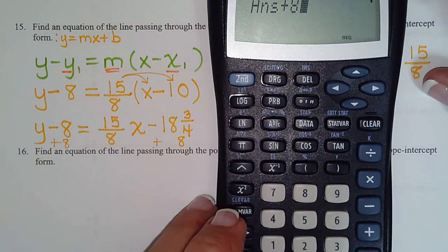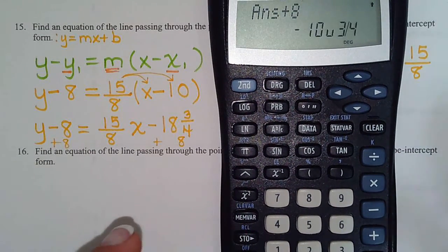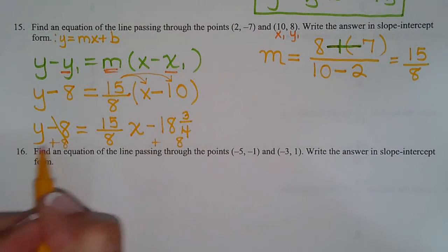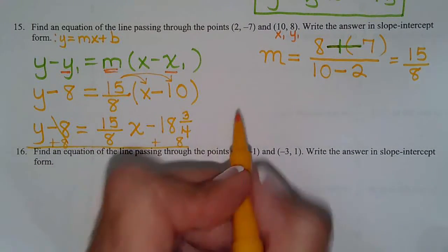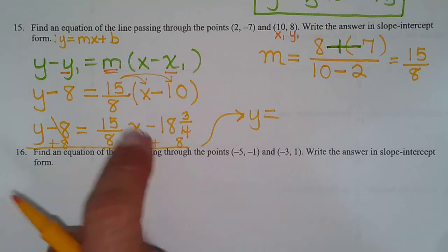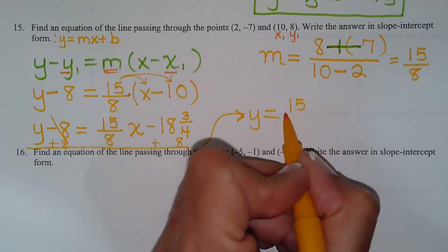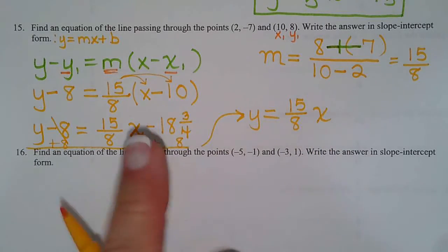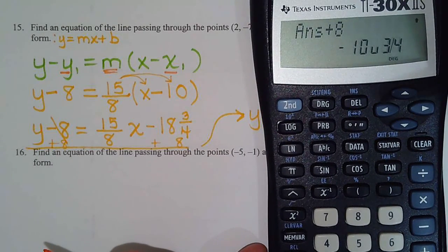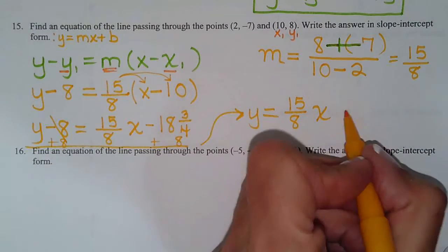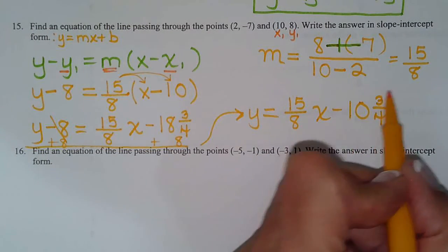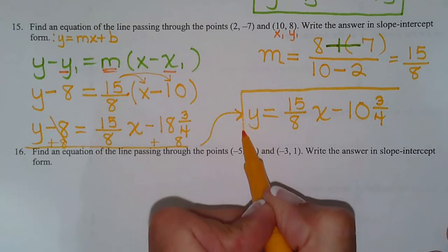So then it takes the answer, adds 8, and that's negative 10 3/4. So we have y equals 15/8 x, and we got negative 10 3/4 from those two. Boom, done. Little bit ugly, not bad.